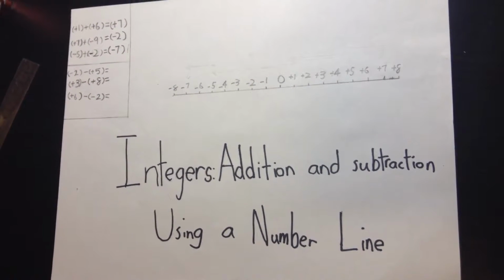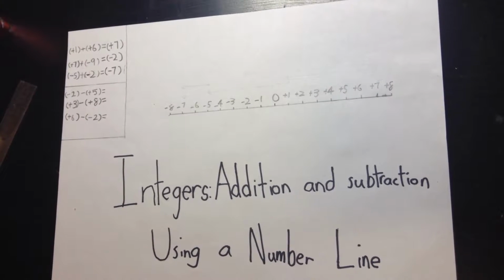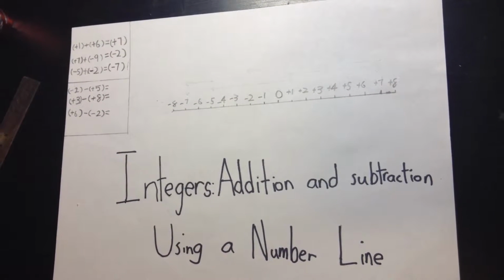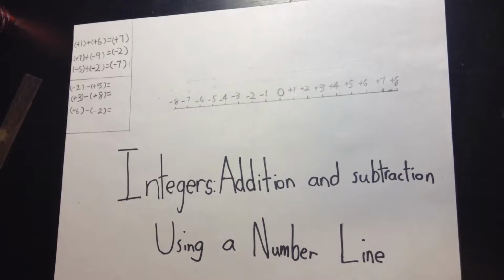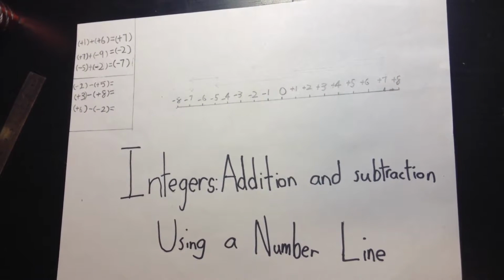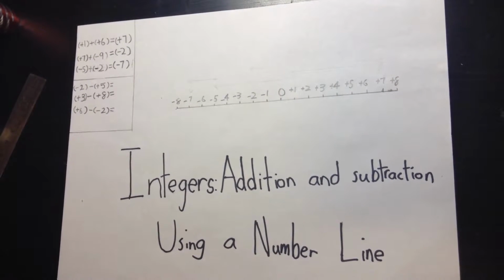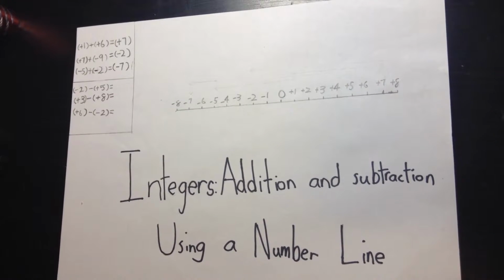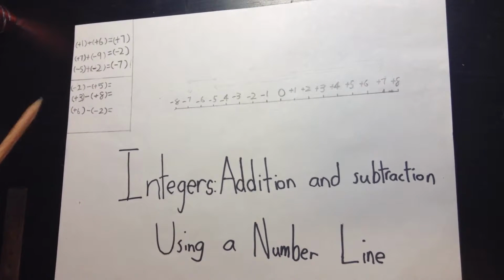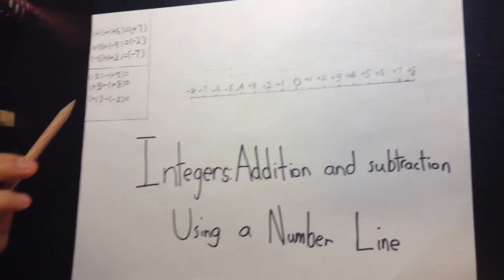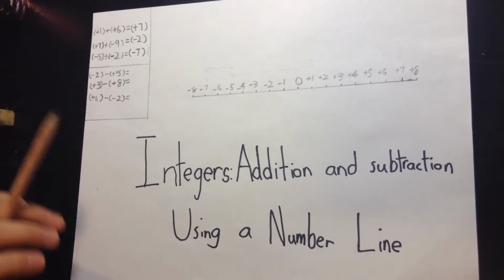Okay, now for the subtraction. The only difference between the subtraction and addition is that the first number is still the same, but the second number is the opposite. So I will show you some examples. The first question is negative 2 minus positive 5.